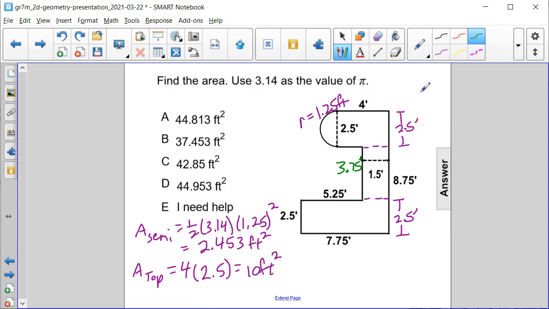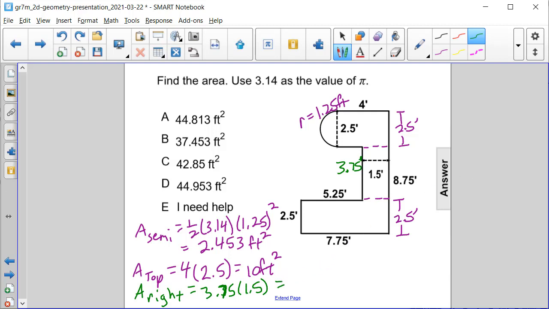And now let's do the middle. The area of this right side rectangle, that's going to be 3 3/4, or 3.75 times 1.5.